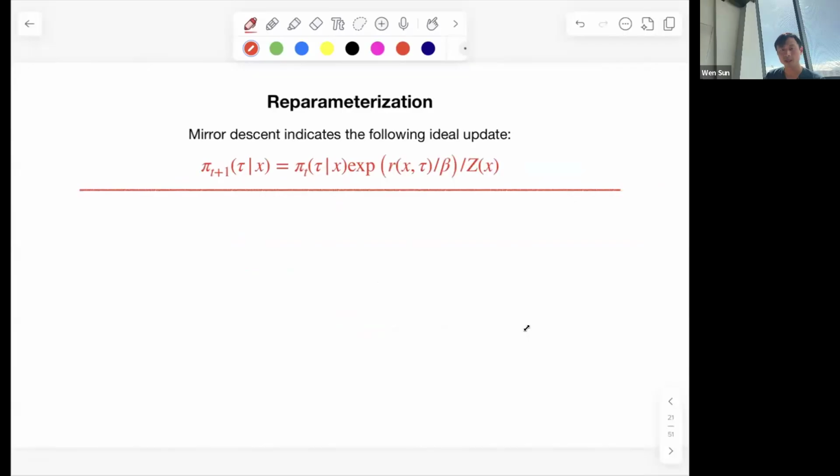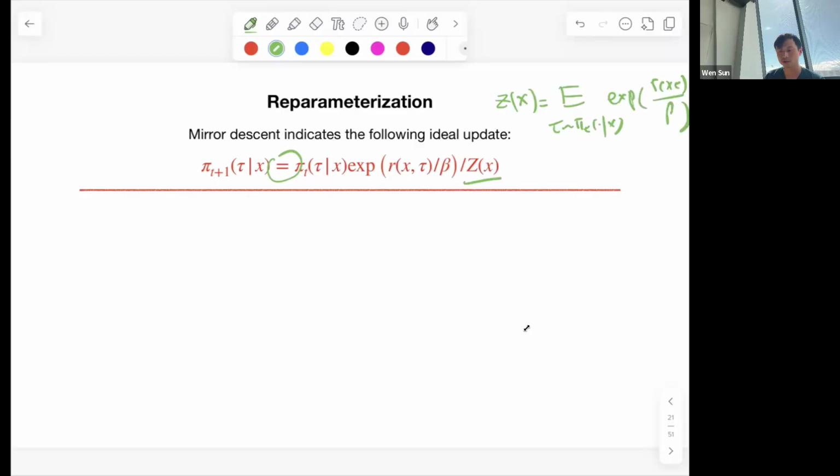We're going to start from the analytical update form from the mirror descent procedure. Here, instead of writing things in terms of proportional, I'm using exact equality, and then I'm going to divide this by a normalization constant, Z x. Z x is just equal to the expectation of tau from pi t given x of exp of r x tau over beta.